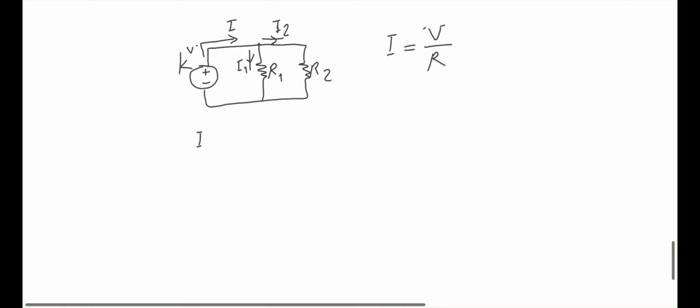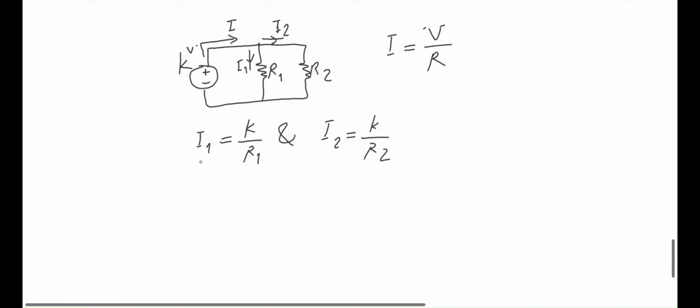If we want to calculate I1 using Ohm's law, I know that the voltage of R1 and the voltage of R2 are the same because they're in parallel, and they're the same as the voltage of the power source. So I can say I1 equals K over R1, and I2 equals K over R2. I hope you agree so far.